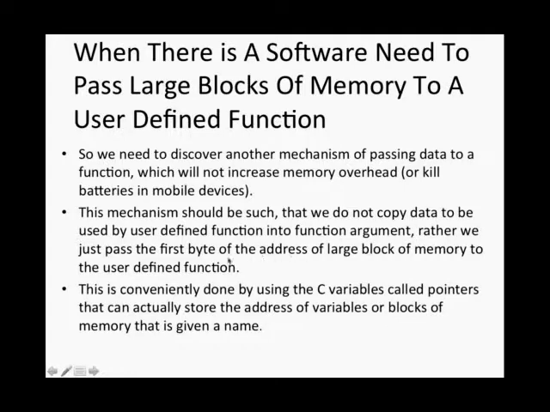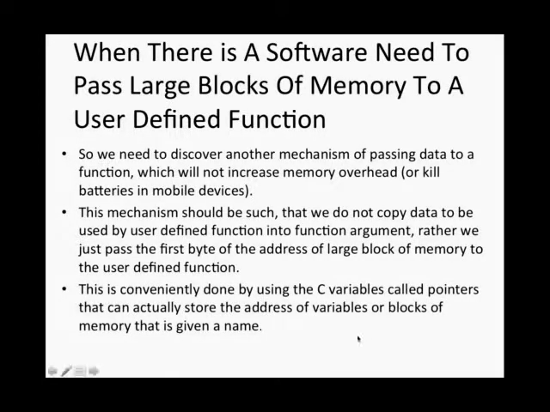Rather, we just copy the first byte of the address of the large block of memory that the user-defined function is going to use. And then the function can have access to the rest of the large block of memory because it has the first byte of the memory passed to it.